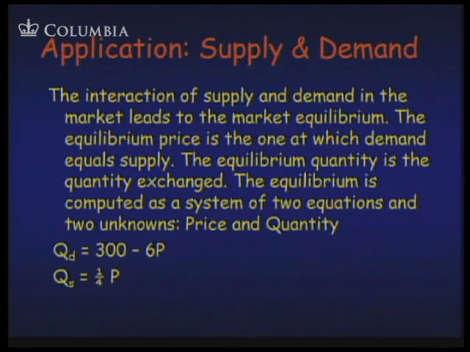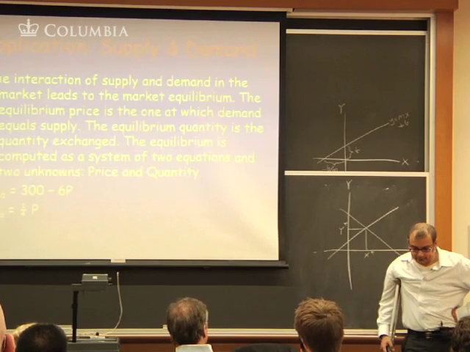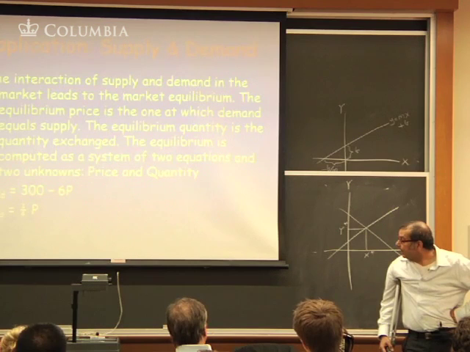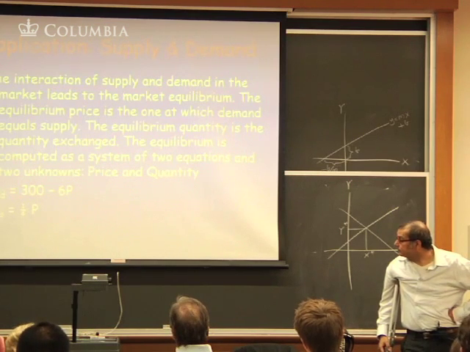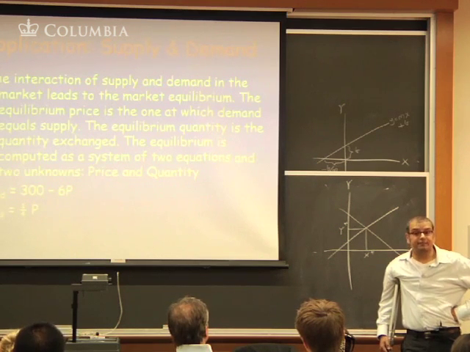So let's do a quick and simple application, and then we'll talk about more interesting things. Okay, so a very common problem is supply and demand. In economics, we very often describe the quantity supplied and the quantity demanded in a marketplace as a function of price.